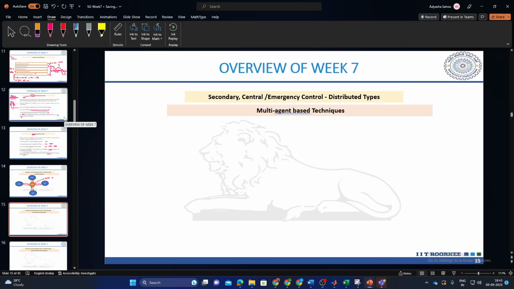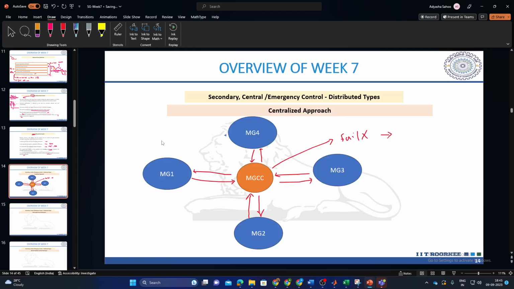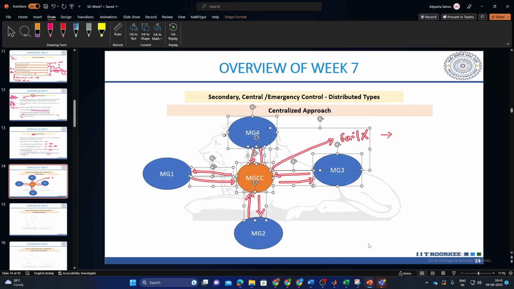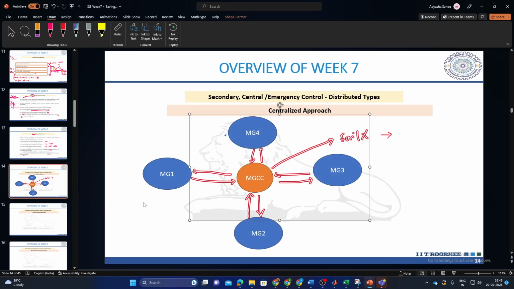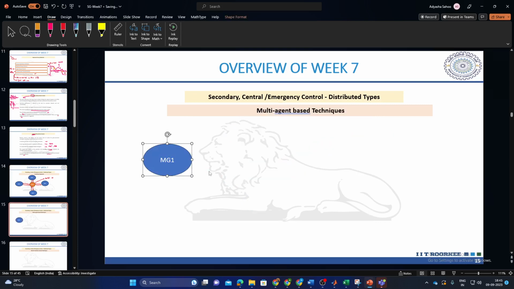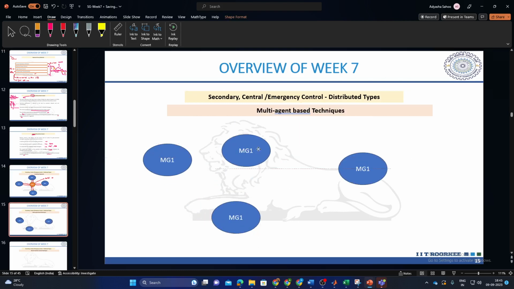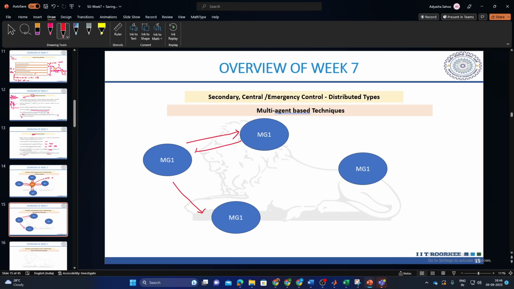Then secondly, we had multi-agent based techniques. Here the same thing is going to happen, but now there is no central controller. Each microgrid will talk only to its neighbor, similar to what we call peer-to-peer or P2P.